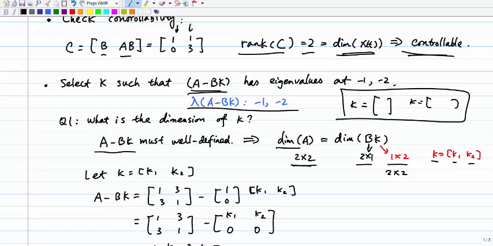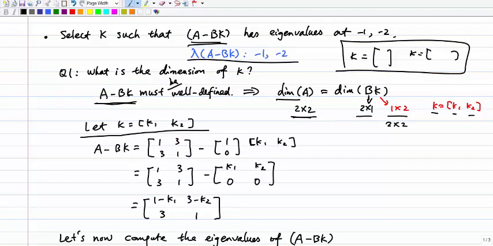So the first step is to figure out the dimension of K. K is k1 and k2, because that's the dimension we must have. You have to make sure that A minus BK is well defined. So I can compute A minus BK. A is 1, 3, 3, 1.